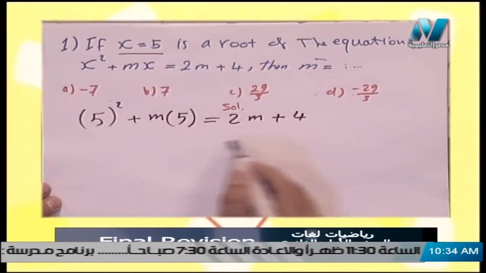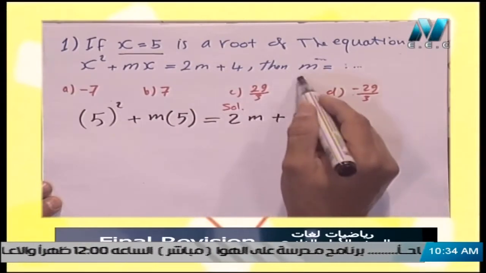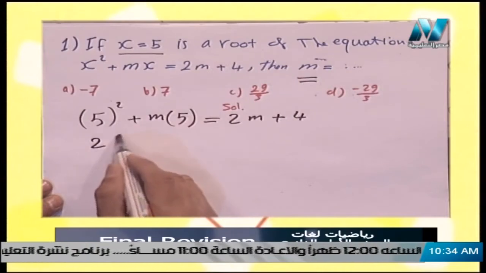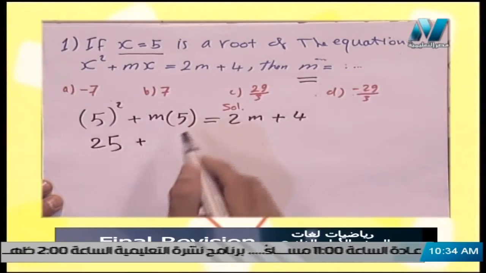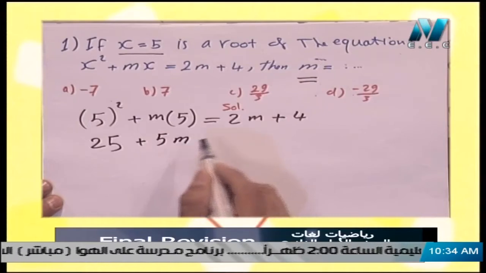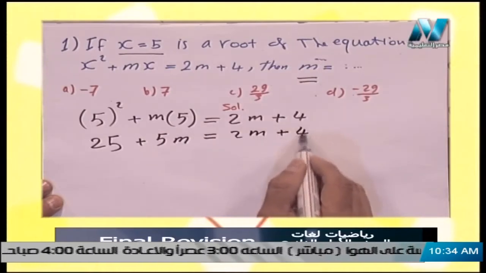We try to solve this equation and find m. 5 power 2 equals 25 plus 5 multiplied by m, 5m, equals 2m plus 4.